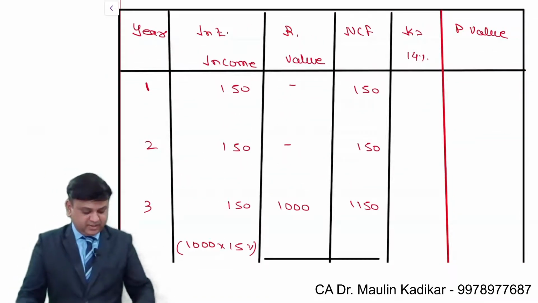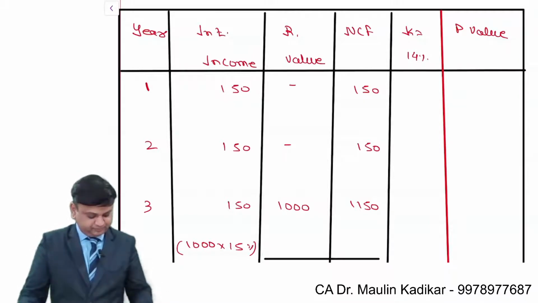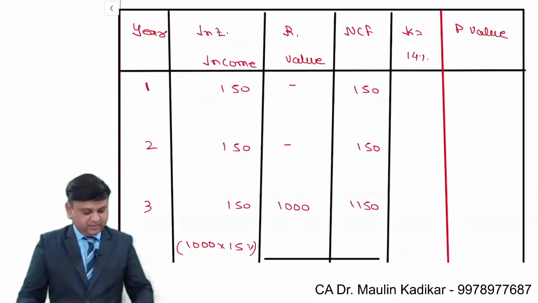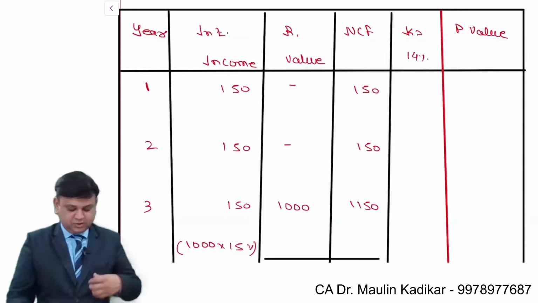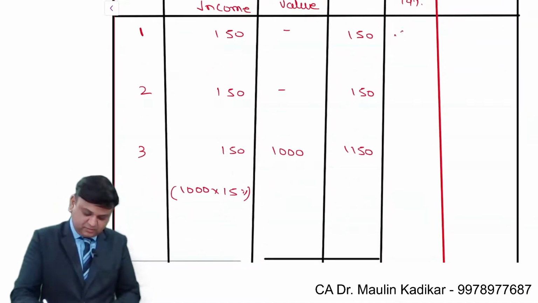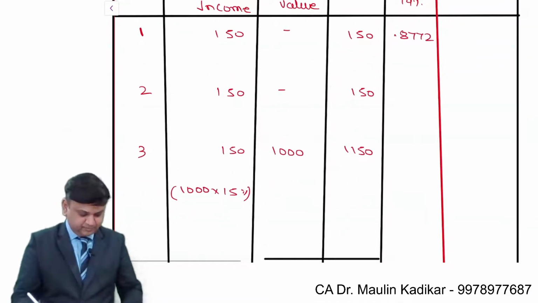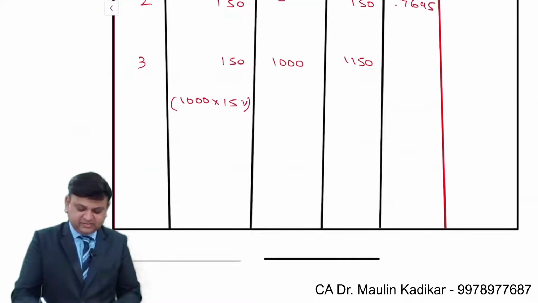Investor's required rate of return is 14 percent. So we compute the discounting factor at the rate of 14%. 1 divided by 1.14 is 0.8772. Second year it is 0.7695. Third year it is 0.6750.